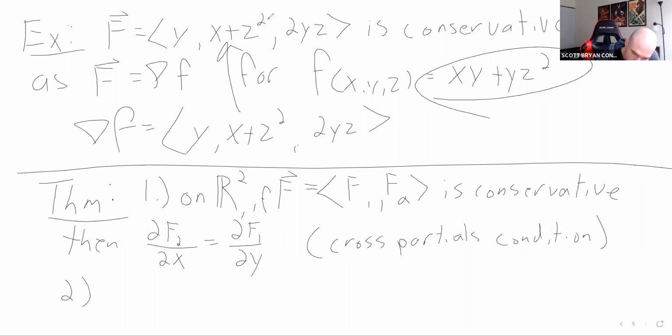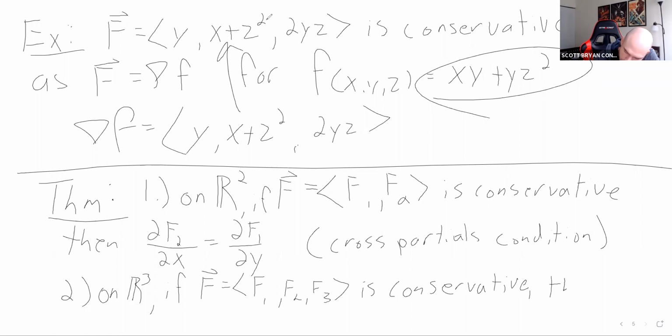So in R3, if our vector field F1, F2, F3 is conservative, then the curl of our vector field is going to be the zero vector.